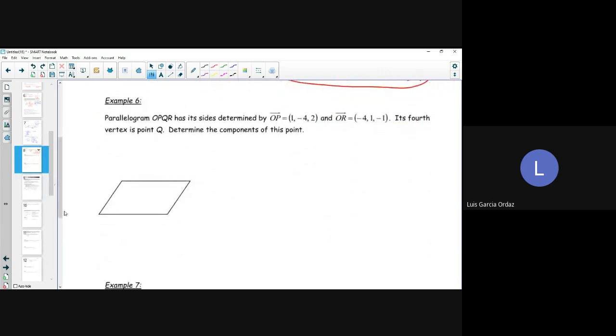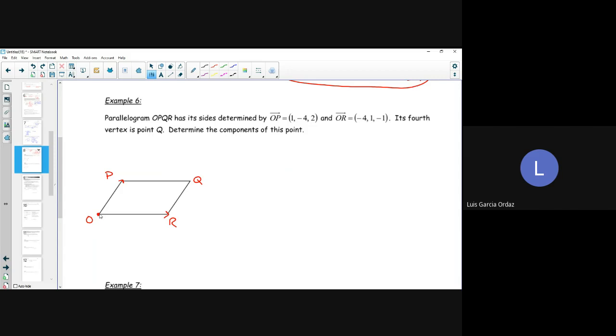And then the last example that we're going to do is parallelogram OPQR has its sides determined by OP. Remember, our origin is always at the bottom left, so this is O. So OP is 1, negative 4, and 2. OR is going to be negative 4, 1, and negative 1. Its fourth vertex is point Q. I want to determine the components of this point.